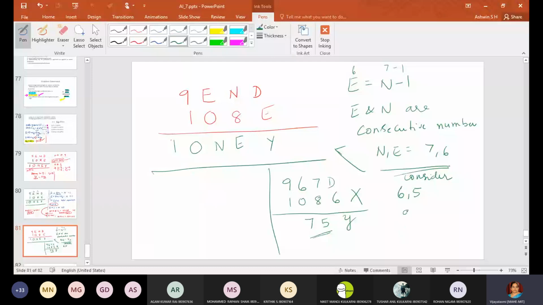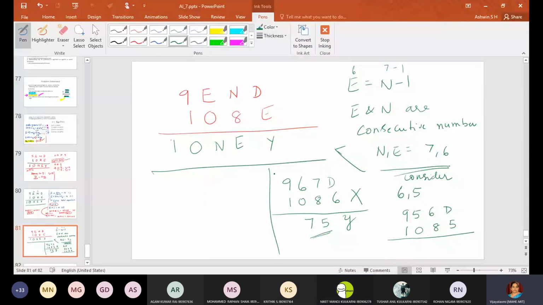So 9, 5, N is 6. Here we have D. C1 was the carry. Did you take a carry, right? Yes, I took the carry.